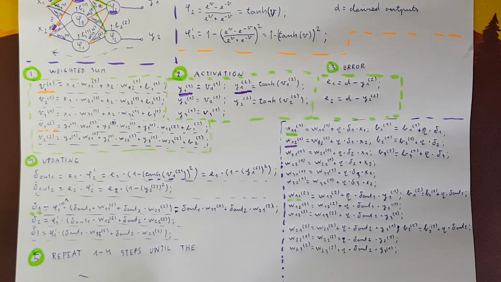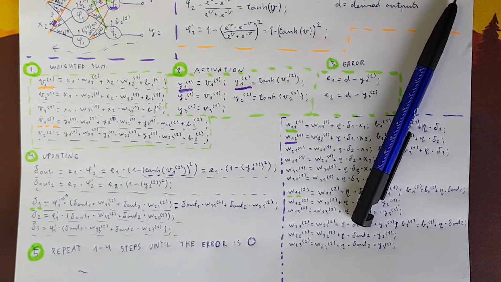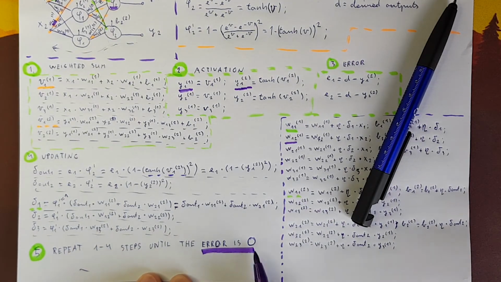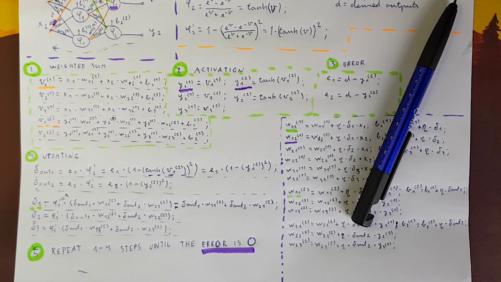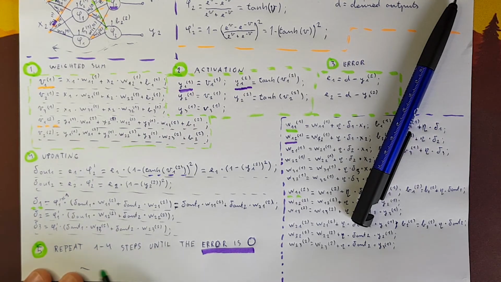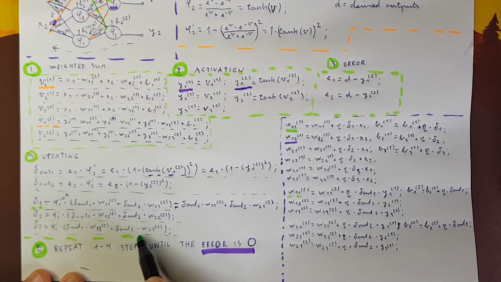We need to repeat those steps until the error is equal to 0, or as close as it is possible to 0. So this is very important, until the error is 0. So this is the fifth and last step.